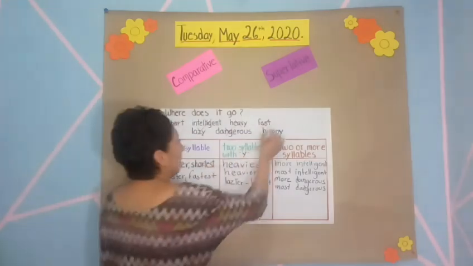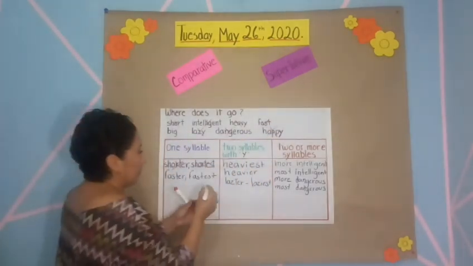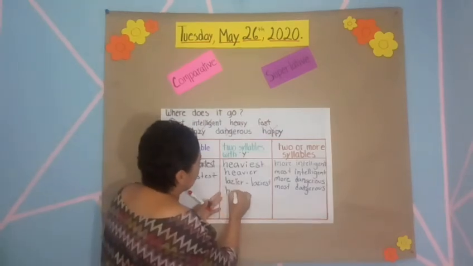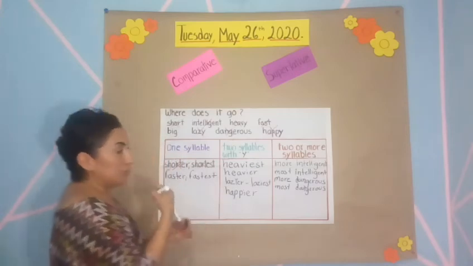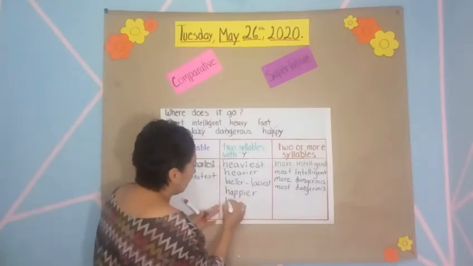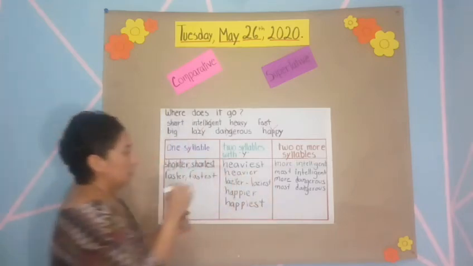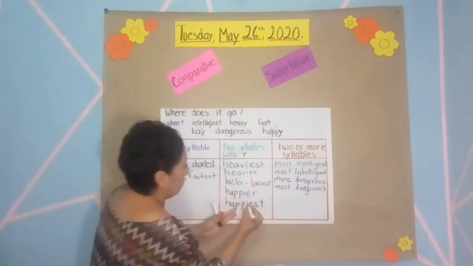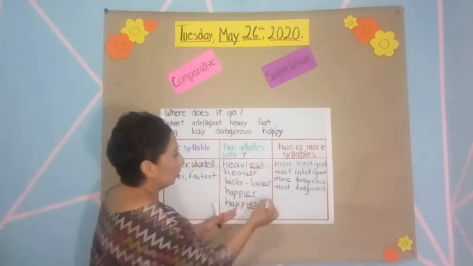And last, we have an adjective that ends with the letter Y, happy. Happy changes to happier in the comparative form, and in the superlative form it changes to happiest. Don't forget it.